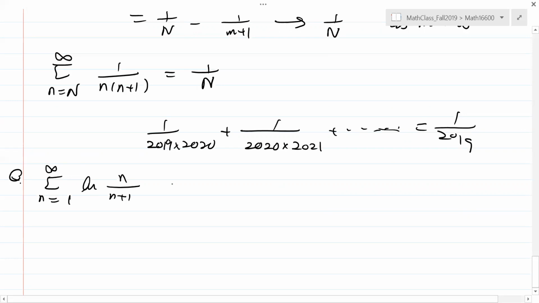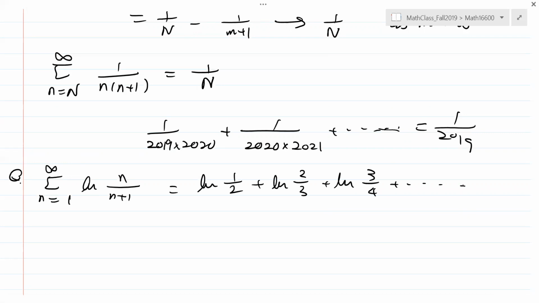So if you write down the details, you get natural log of 1 over 2 plus natural log of 2 over 3 plus natural log of 3 over 4, and keep it going. If you add all those terms together, this is the limit case, right?